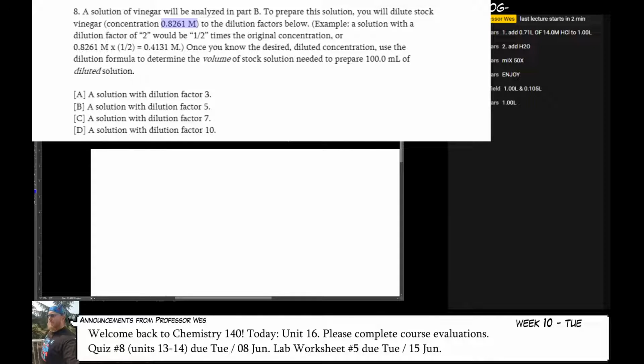What is meant by dilution factor is that if I had a solution with dilution factor 2, then I would take the original concentration and divide it by 2. The diluted solution would have a concentration of 0.4131.